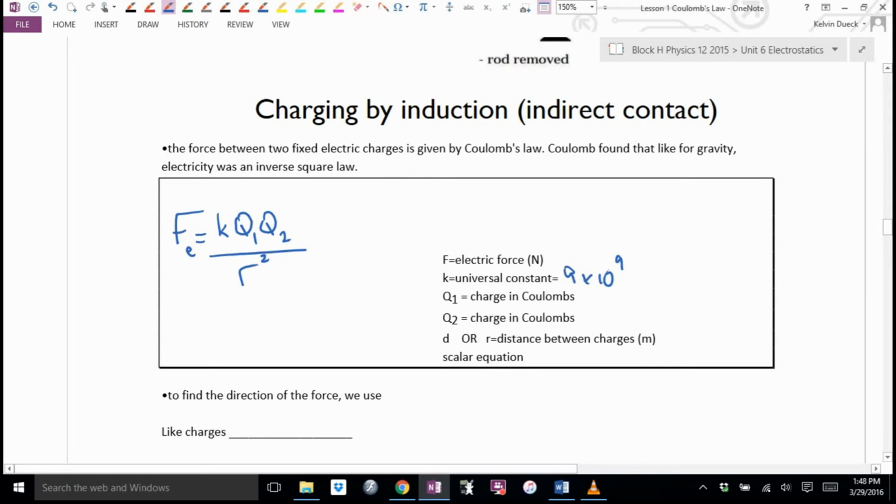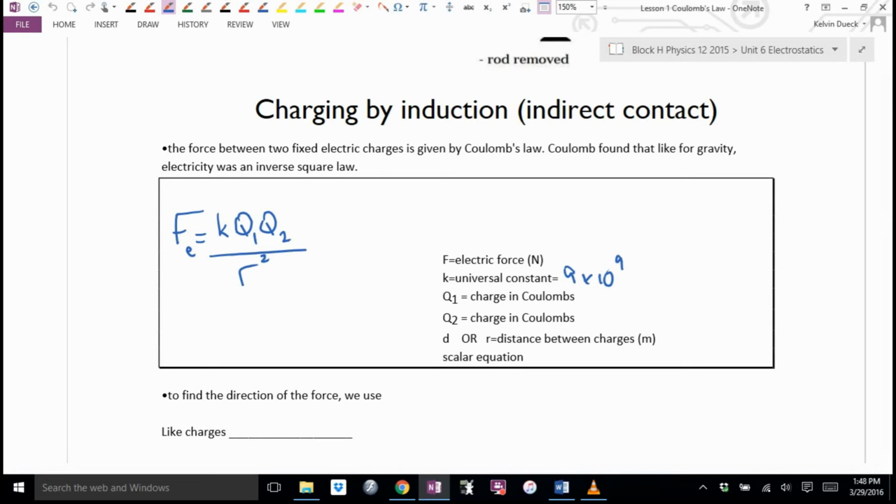It is on your formula sheet, probably just below the elementary charge. What do they call it on your formula sheet? Constant in Coulomb's law. There you go. By the way, what was big G? 6.67 times 10 to the negative 11.